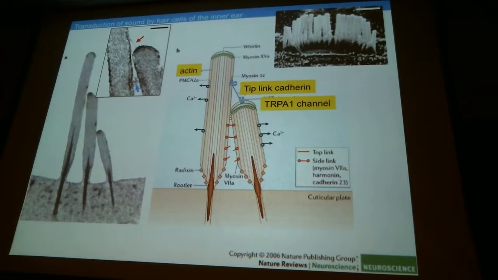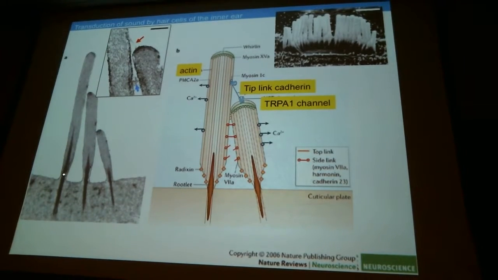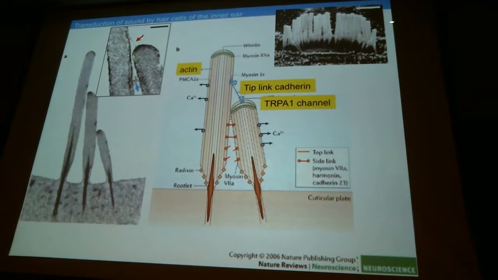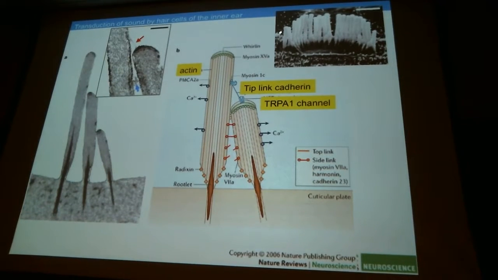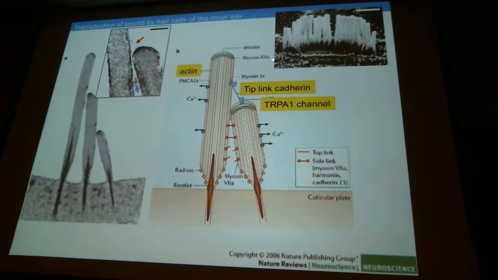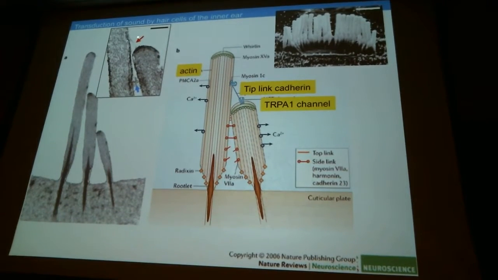Okay. So if we look closely at those hair cells, here's an electron micrograph of a set of hair cells, and this is the stereocilia bundle of the inner hair cell, and there are actually 3 rows here. So 1, 2, 3, and they're connected. If you look very closely, they're connected by this little string which is called a tip link.